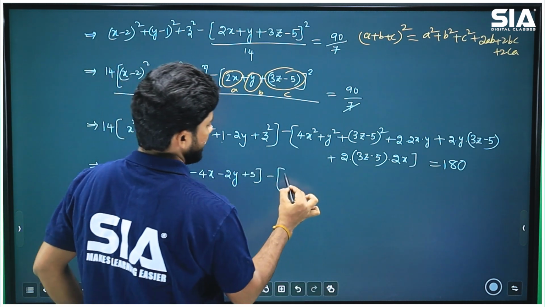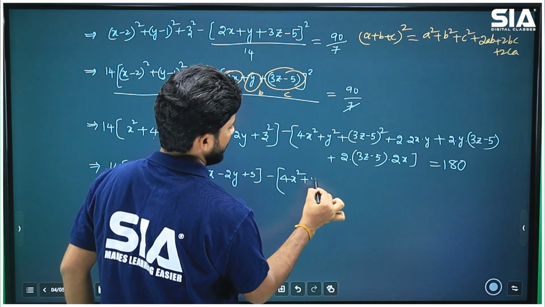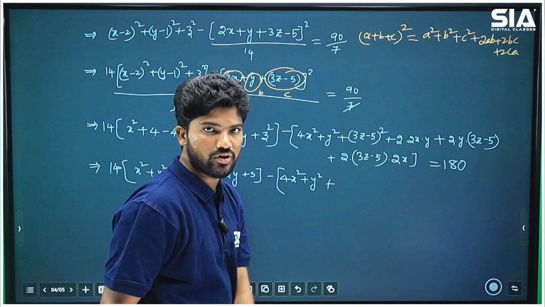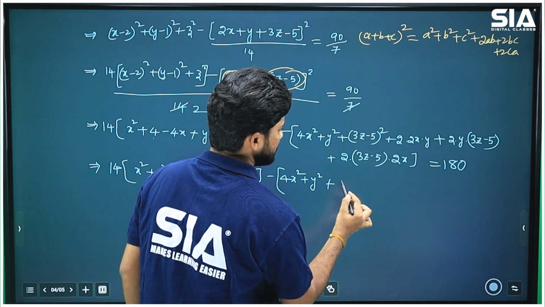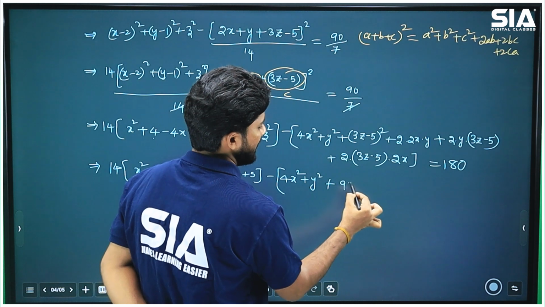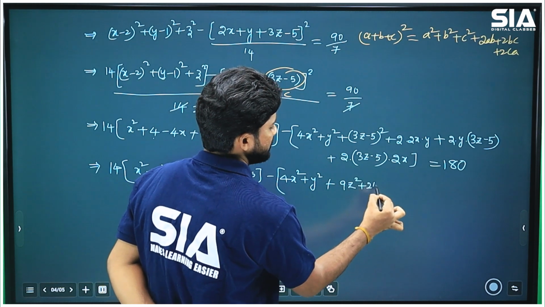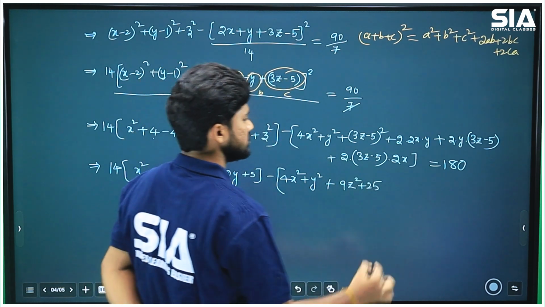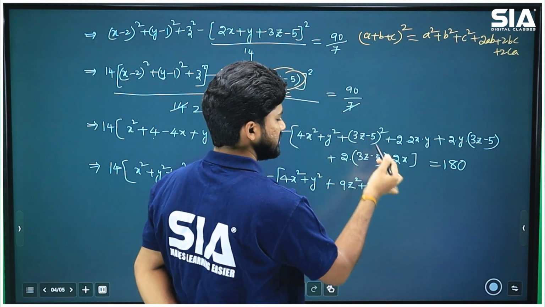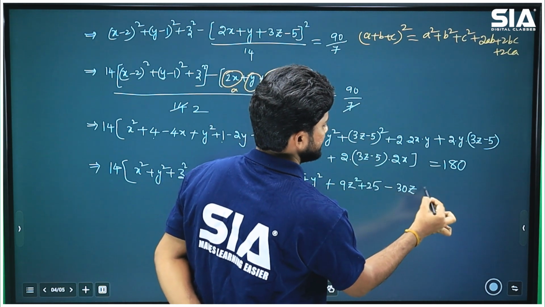See here, 4x square plus y square plus (3z minus 5) whole square, again a minus b whole square. So therefore expand with the (a minus b) whole square formula: 9z square plus 5 square, that is 25, minus 2ab, minus 2 into 3 is 6, into 5, 30z.